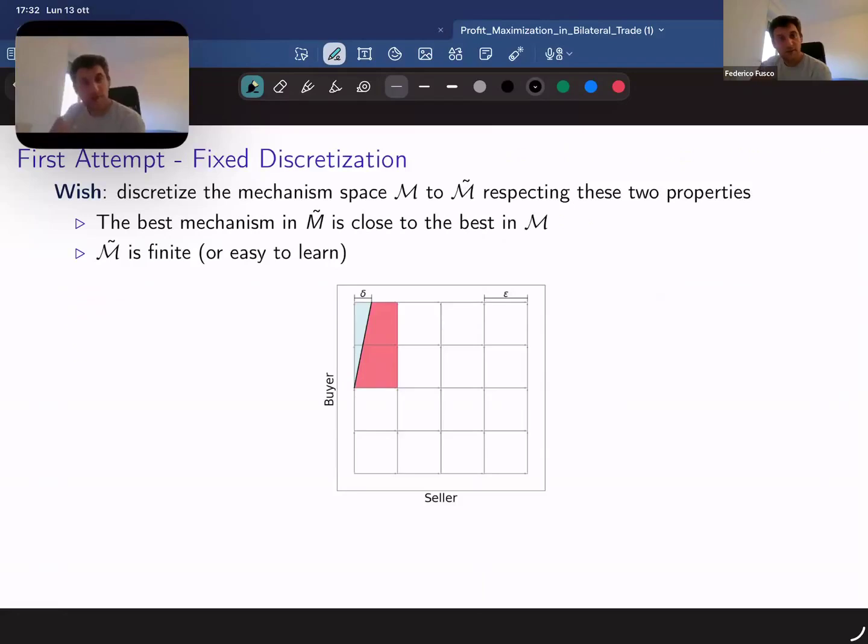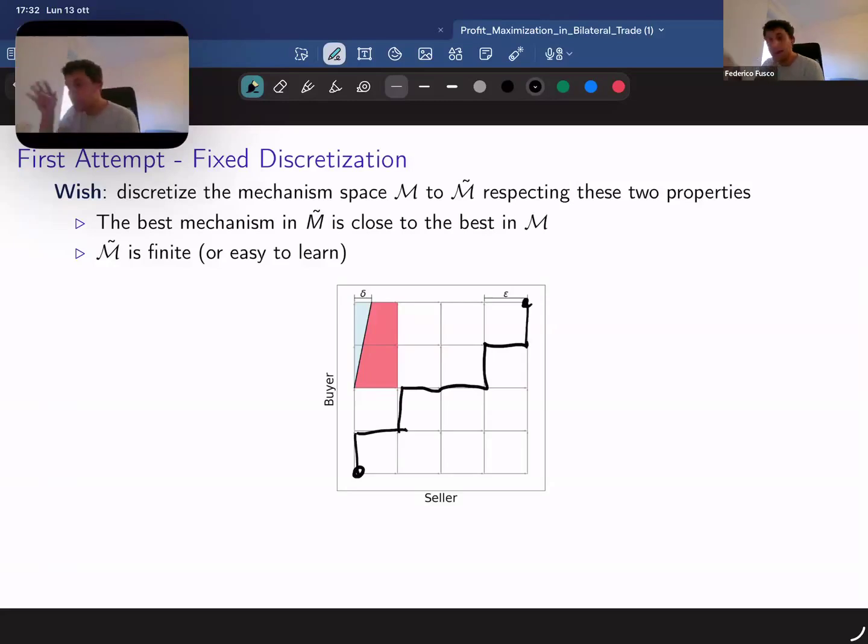And actually, we can say something stronger about why this does not work. You give me any fixed discretization of the mechanism space, which you may think corresponds to a discretization of the valuation space, and then a mechanism is just a path that goes from here to here in this discretization of the valuation space.